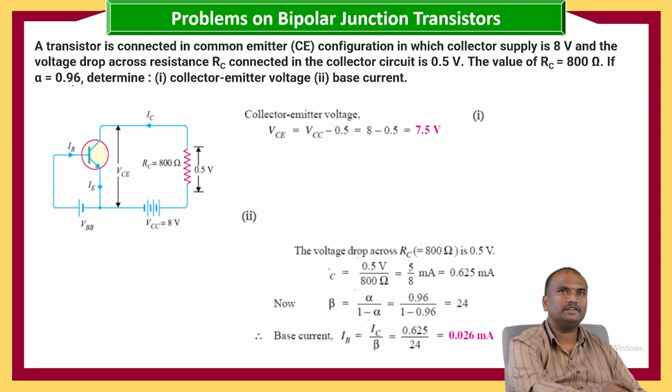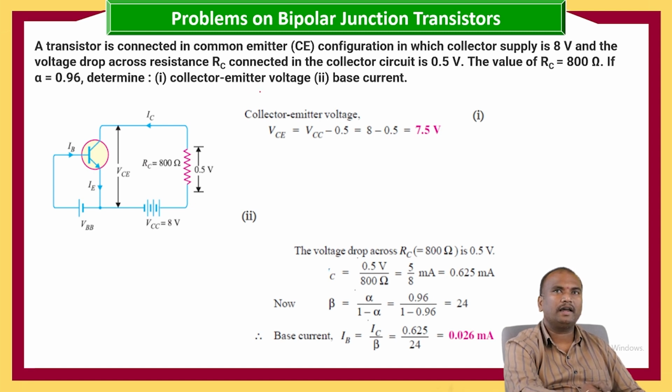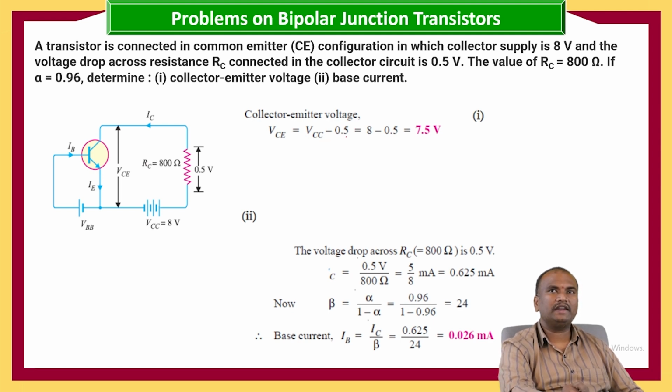If alpha is equal to 0.96, determine the collector to emitter voltage and base current. Here collector to emitter voltage VCE is equal to VCC minus 0.5, that is 8 minus 0.5, which is 7.5 volts.